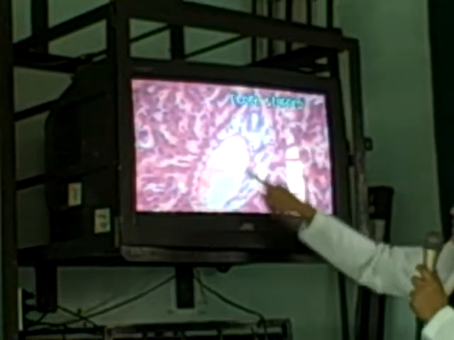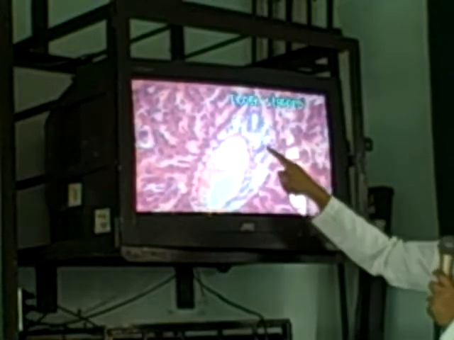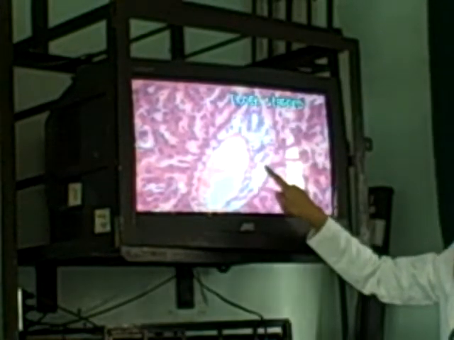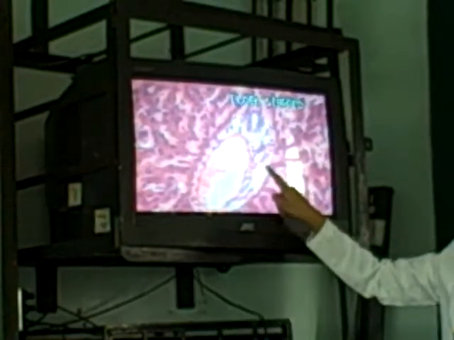Probably that's the cause of his death, not having a good cross-section of the portal area. Still, a little better. So this one is your portal vein, bile duct, hepatic artery. You can see the prominent tunica media, right? Okay, so that's it for your liver.